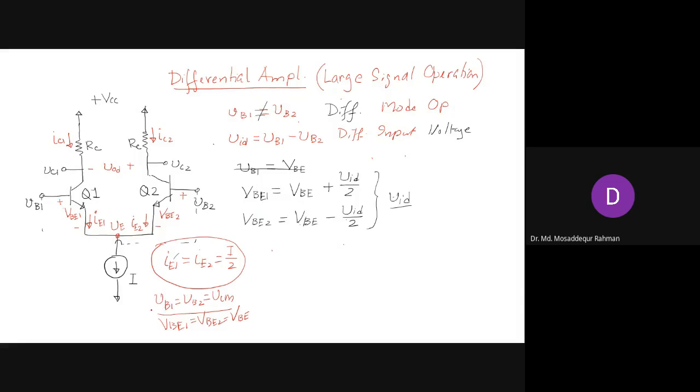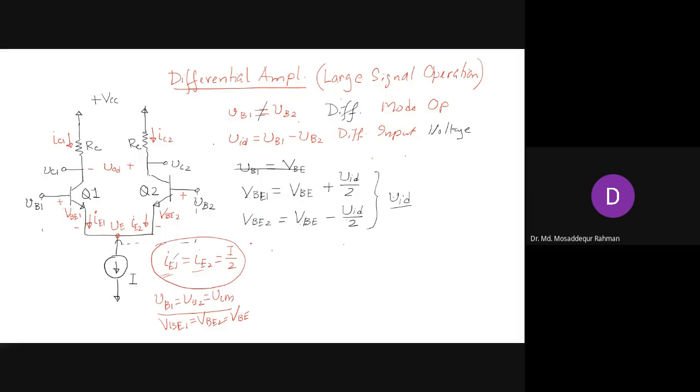Now, what happened in this case? VB1 has increased and VB2 has decreased by the same amount. So what will happen? The current IE1 will increase and go up, while IE2 will decrease and go down. But they will increase and decrease by the same amount, because the forward bias voltage has increased and decreased by a similar amount.